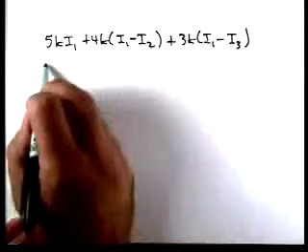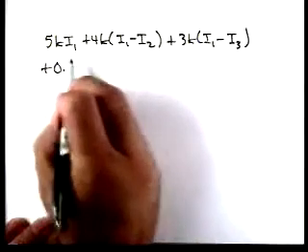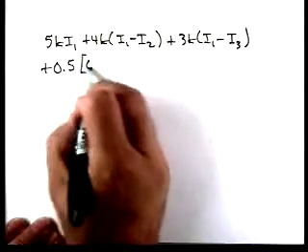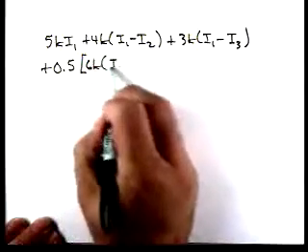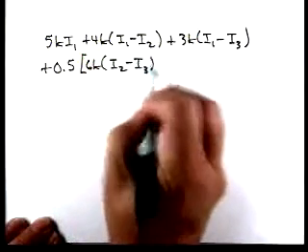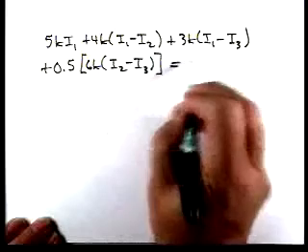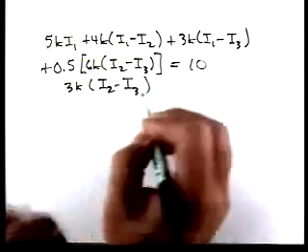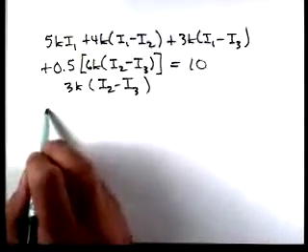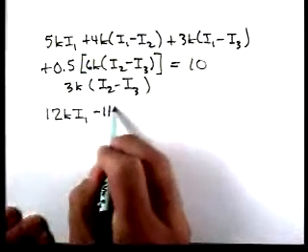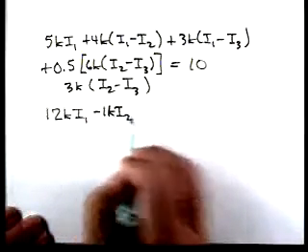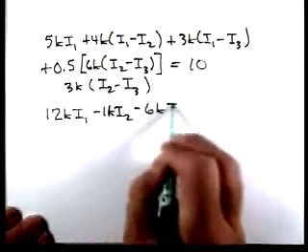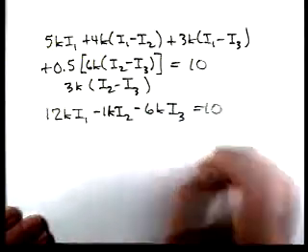And then we'll have 0.5 times 6K times I2 minus I3 is equal to 10. So this term is really 3K times I2 minus I3. If we collect up terms here, we'll have 12K I1 minus 1K times I2 minus 6K times I3 equal to 10.